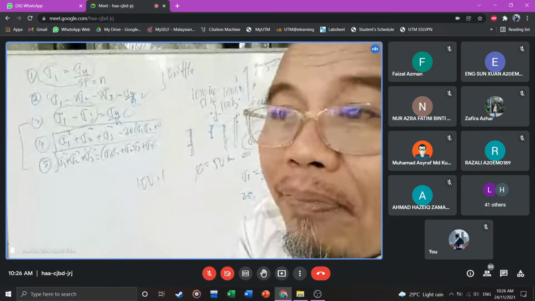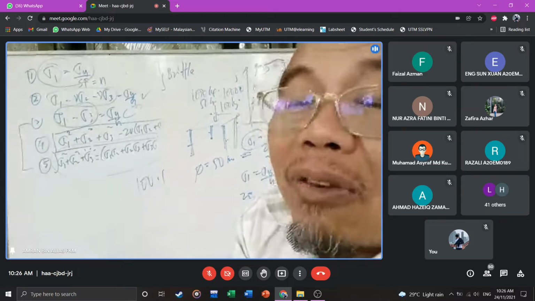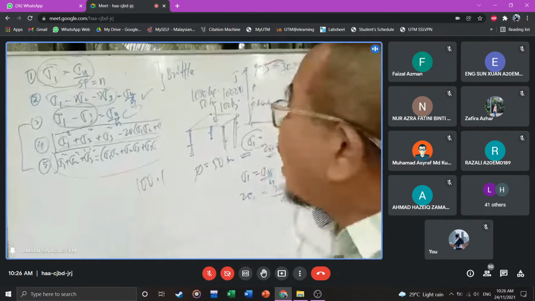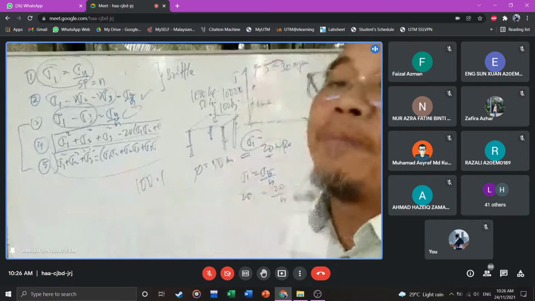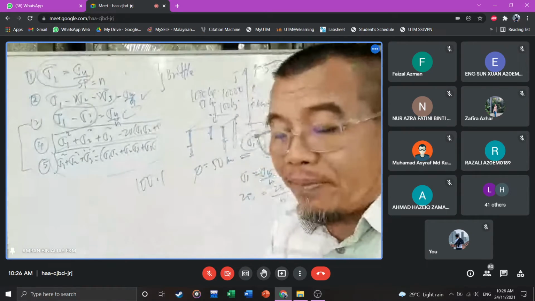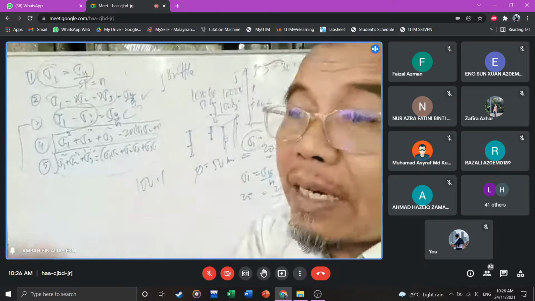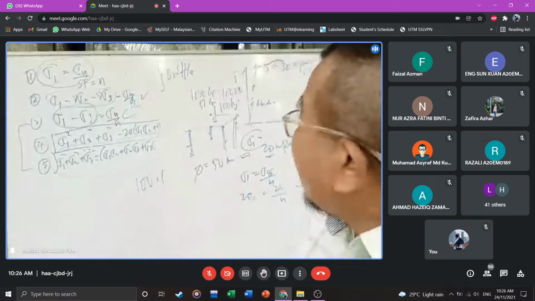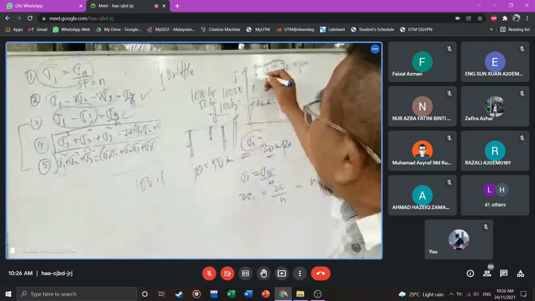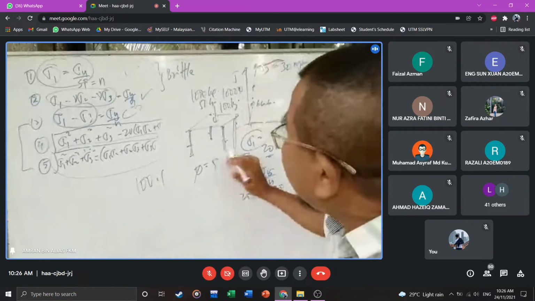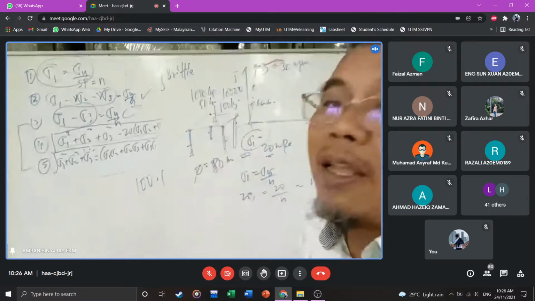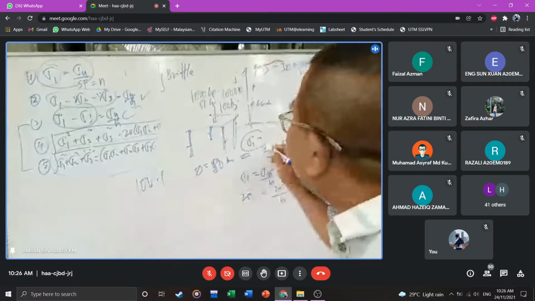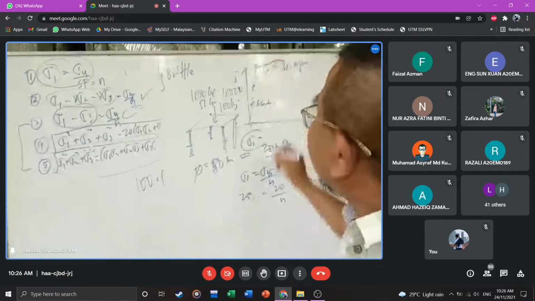Unexpected things come. Failure already. We don't want the design to be at failure. So this is why we choose a safety factor for normal engineering. We make the size bigger so that the safety factor is higher than 1. 50 becomes 60, so the stress becomes less. When sigma 1 becomes less, the yield is maintained.